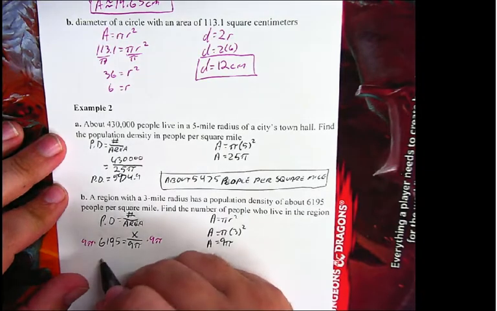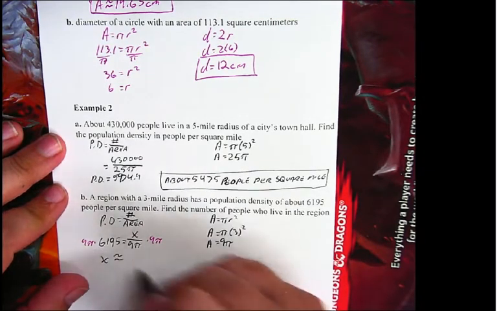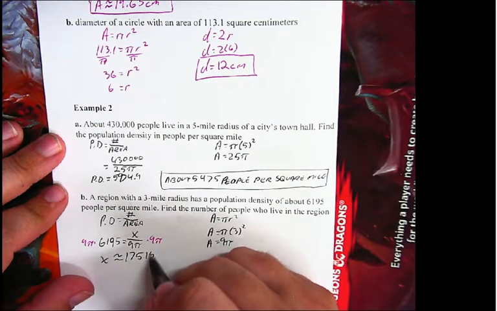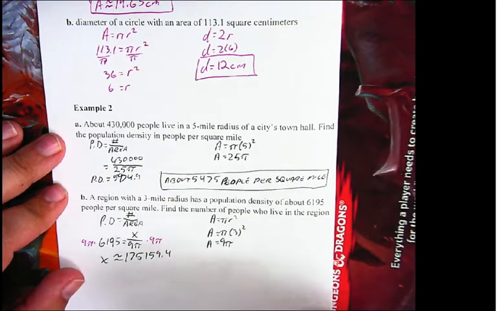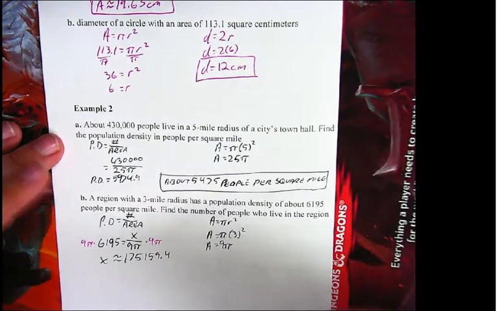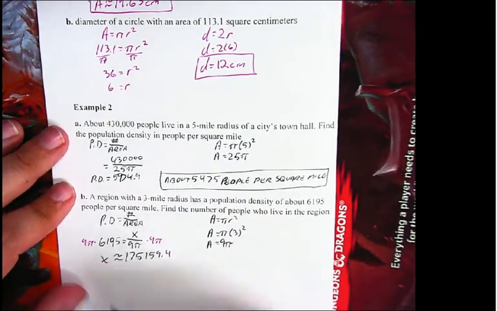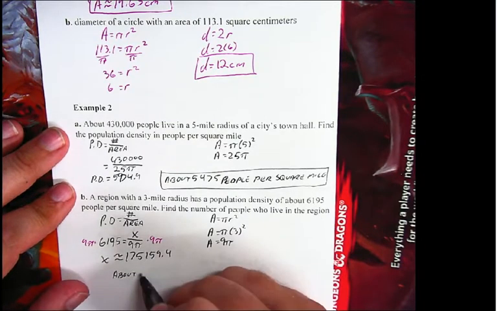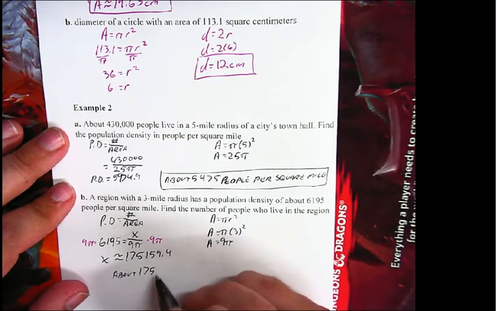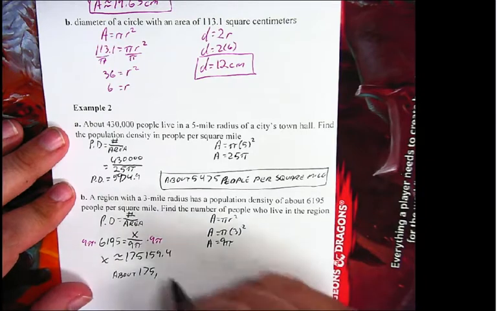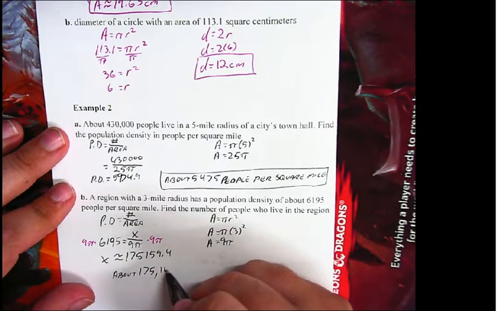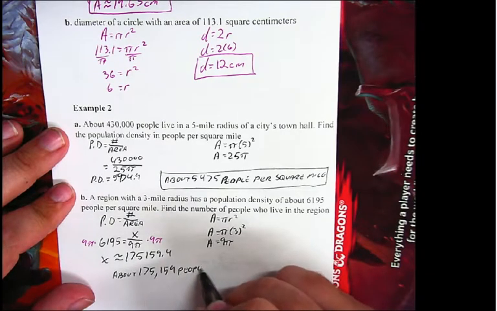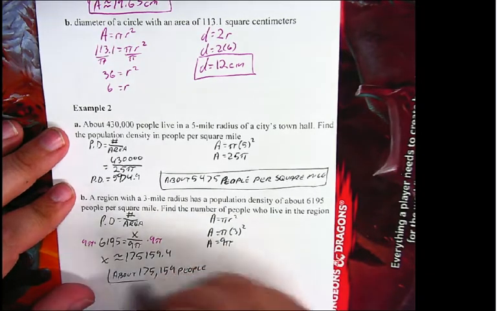Okay, so we have x is approximately 175,159.4. Again, we can't have 0.4 people. We have whole people. So we're going to round this, and so we have about 175,159 people. There we go.